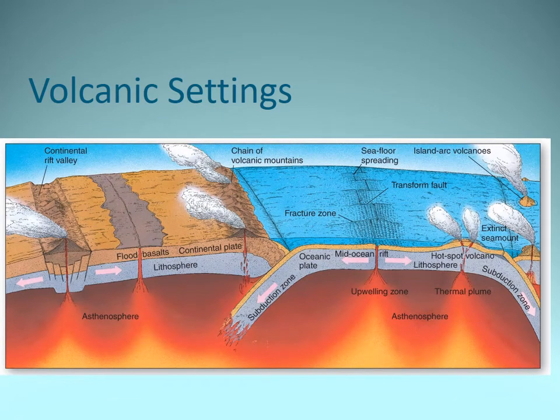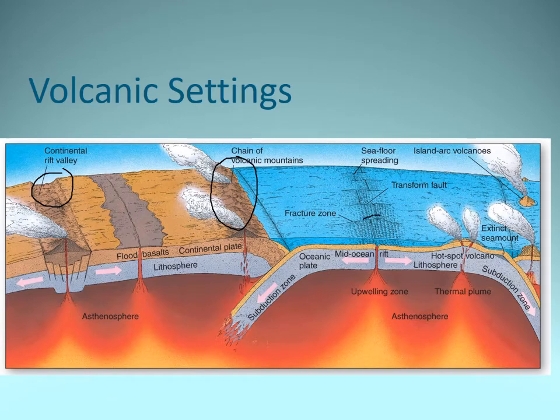So the settings that we need to have for volcanic eruptions, we've already talked about being near plate boundaries, and that still is one of the best ways to get volcanic eruptions. Sometimes, though, we can get volcanic eruptions when continents are being pulled apart. We can get a chain of volcanic mountains along the coast if we have a subduction zone.